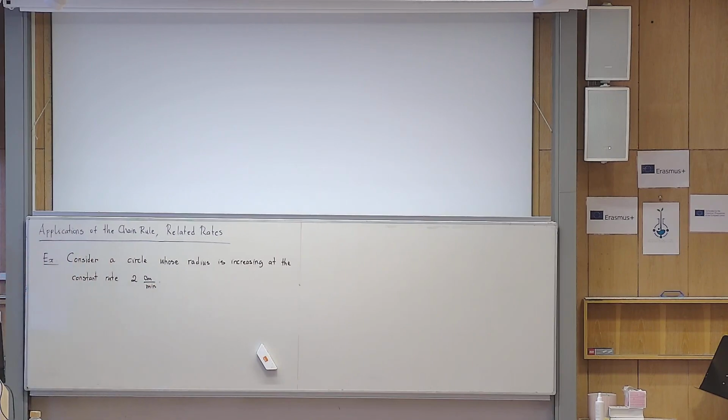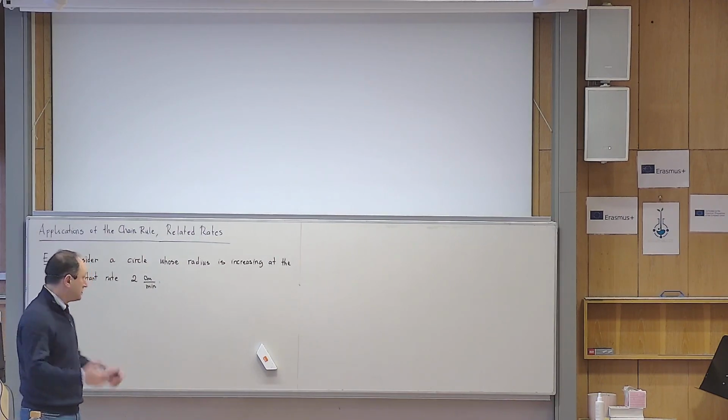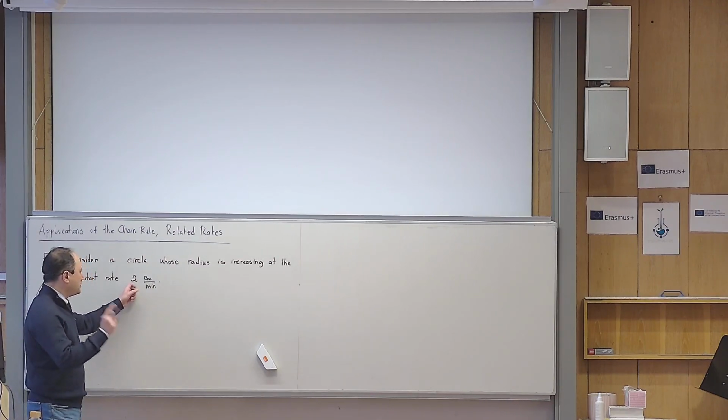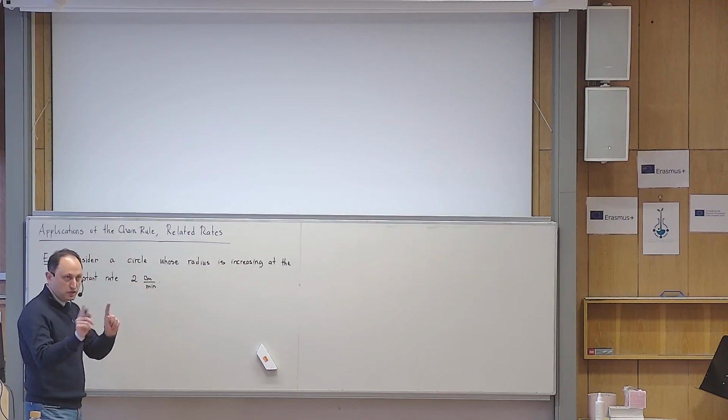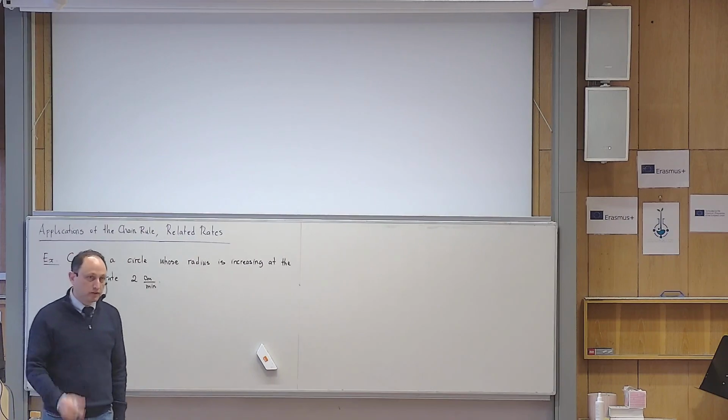Okay, so consider a circle whose radius is increasing at the constant rate 2 centimeters per minute. What does it mean? It means that, roughly speaking, if you wait 1 minute, the radius has increased 2 centimeters in size from its previous value.